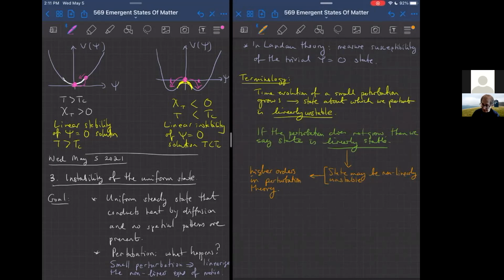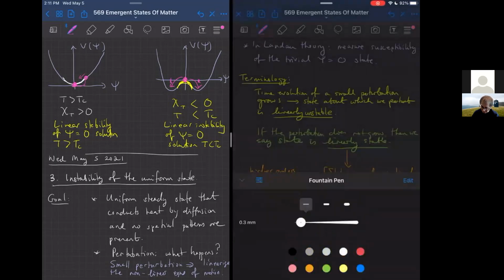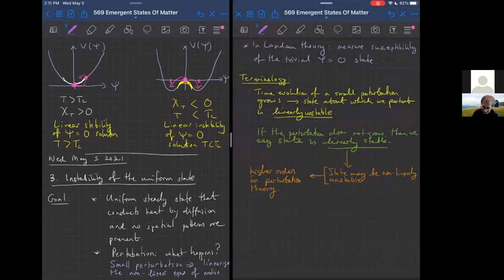Okay, so that's the first thing. Now, the other thing that can happen is that for a state that is linearly unstable, the perturbation will grow out of the regime of validity of the linear perturbation theory.